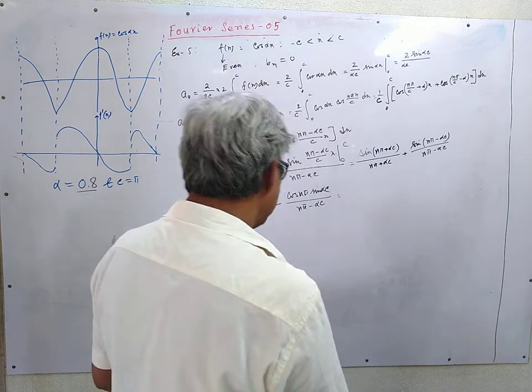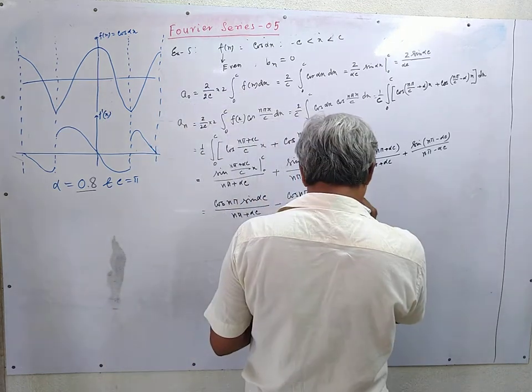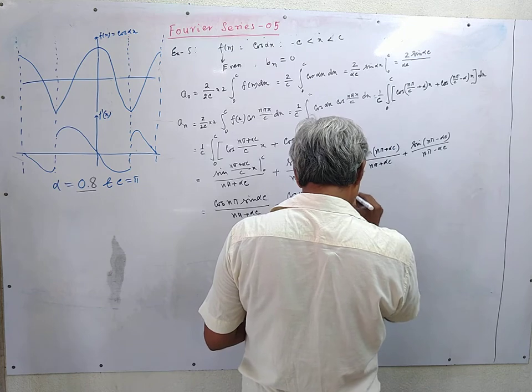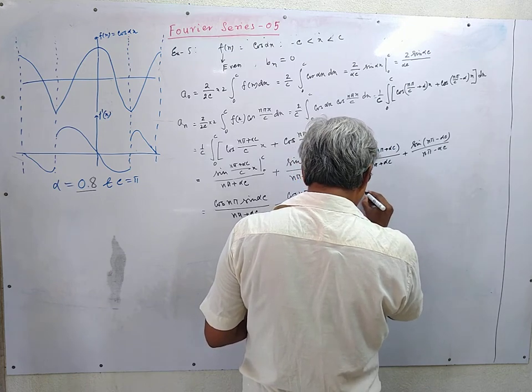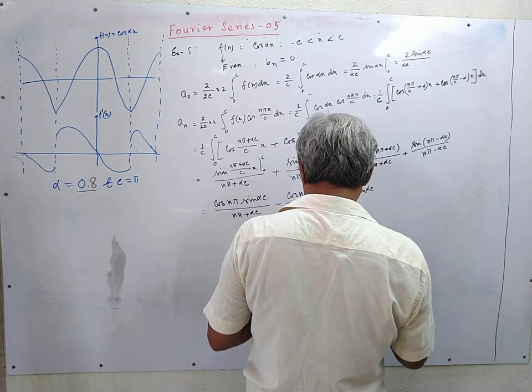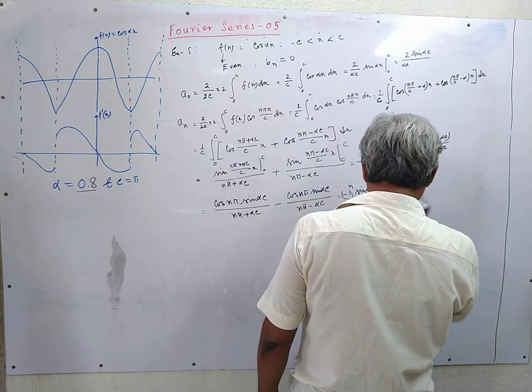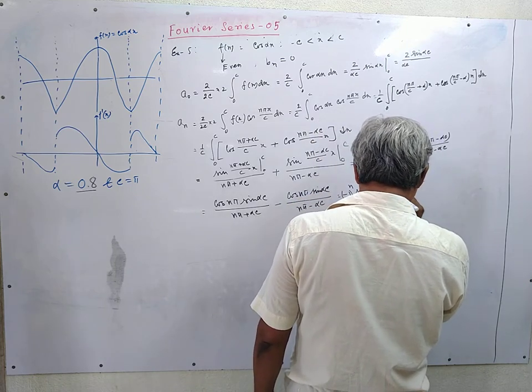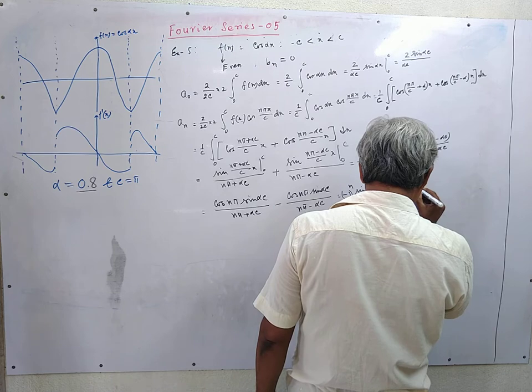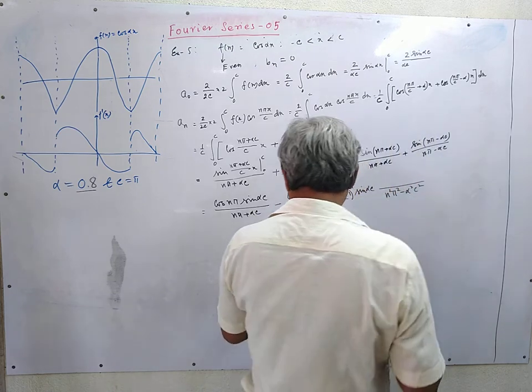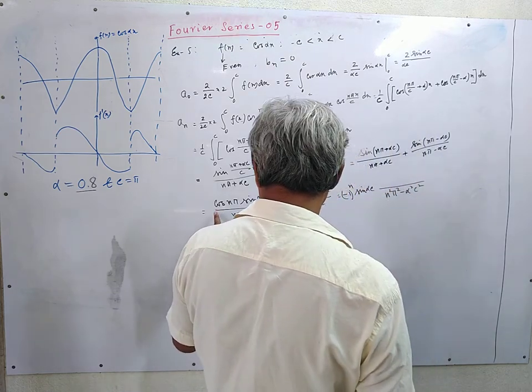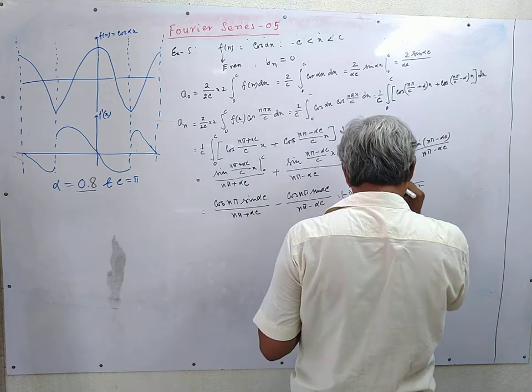For cos of n pi is minus 1 to the power n, sine of alpha c, and in the denominator we will have n square pi square minus alpha square c square, and then we will have twice alpha c.